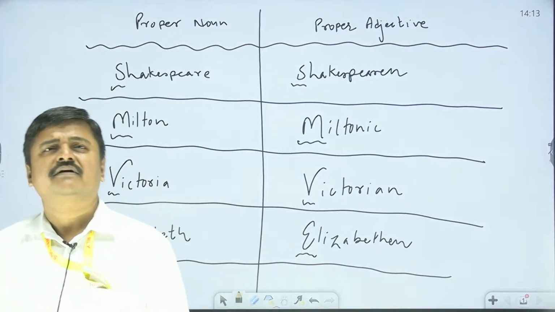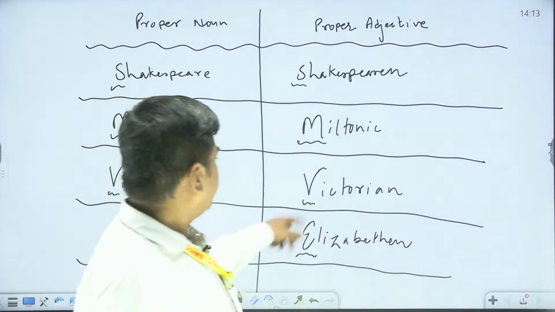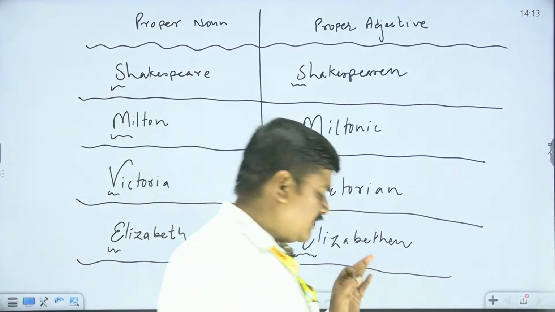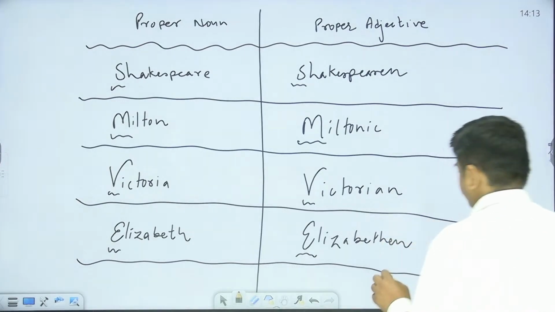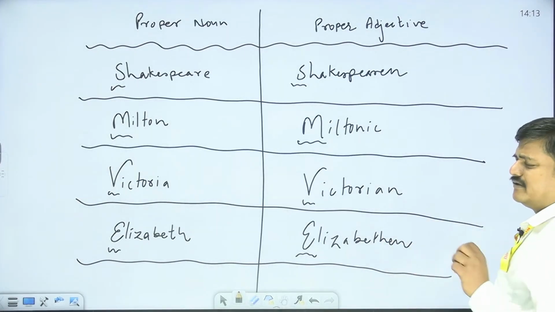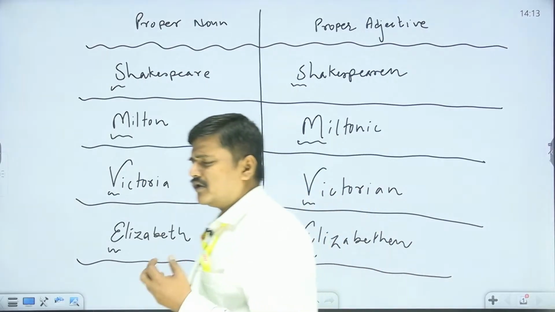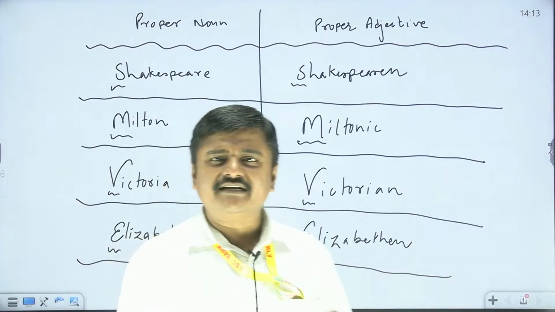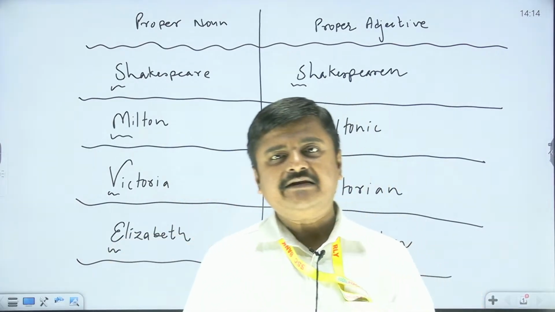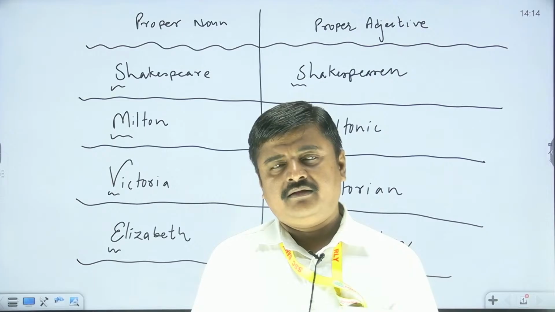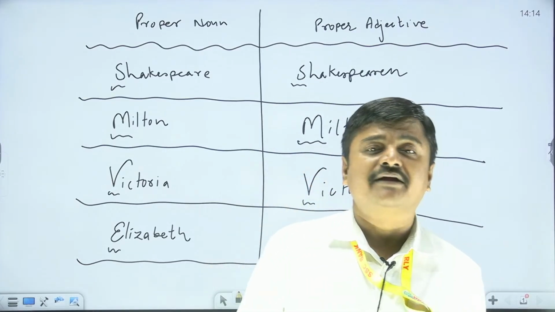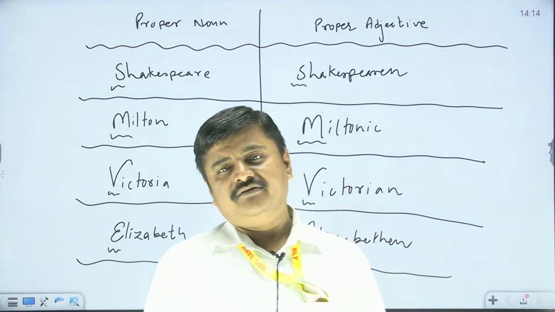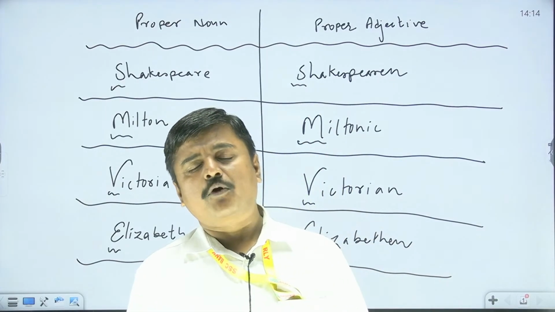Now these words, both the nouns and the adjectives, will be written with a capital letter, whether you see them at the beginning of a sentence, in the middle, or at the end. It doesn't matter. What really matters is that they are proper adjectives originated from a proper noun.